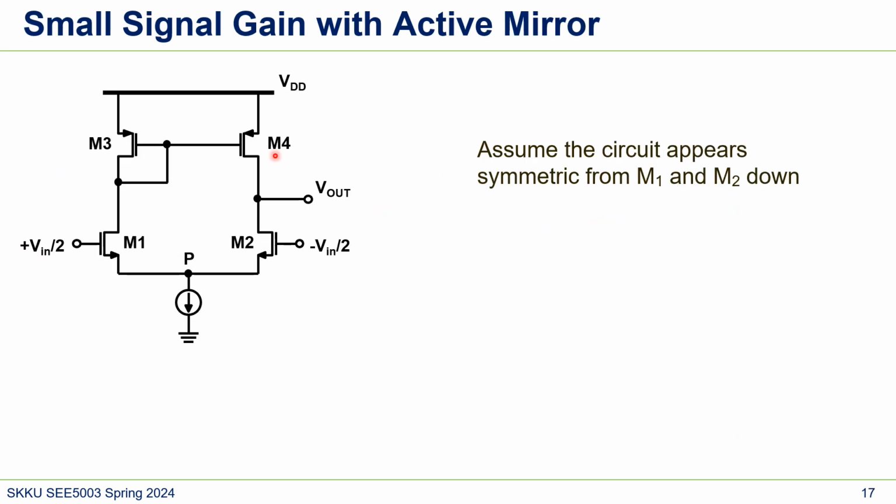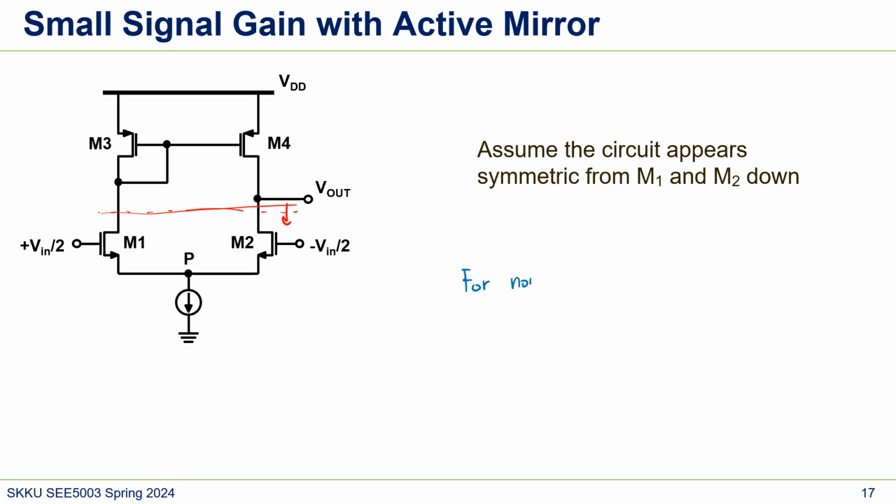Let's calculate the small signal gain with this circuit. We'll make an assumption, which is that the circuit appears symmetric from M1 and M2. So in the lower part of the circuit they are symmetric. Then what happens is that node P becomes a virtual ground. For now, let me write it down in another color.